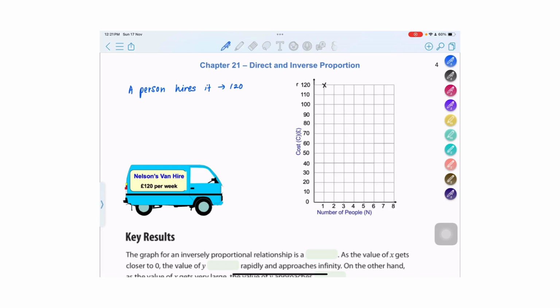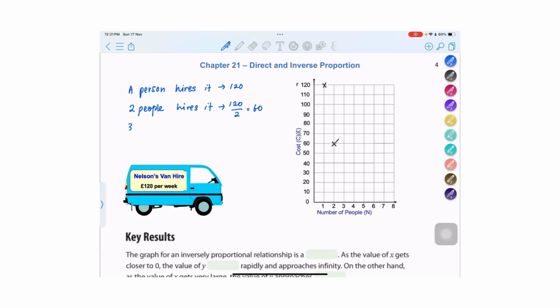What about if I have two people hire it? The cost will be shared among ourselves, so we take 120 divided by 2, which is 60. Coming to this graph, with two people, each person only pays 60.